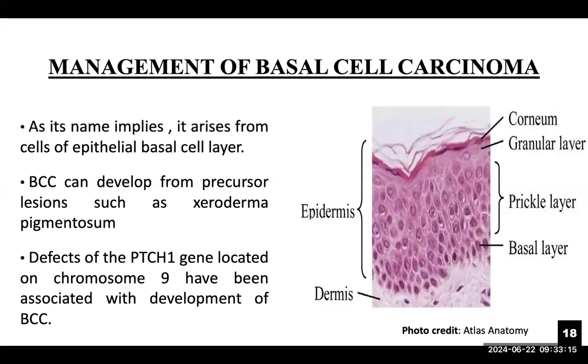So basal cell carcinomas can develop from precursor lesions such as xeroderma pigmentosum. Also, a defect of the PTCH1 gene located on chromosome 9 has been associated with the development of basal cell carcinoma. That gene is also a precursor for the development of Gorlin syndrome.